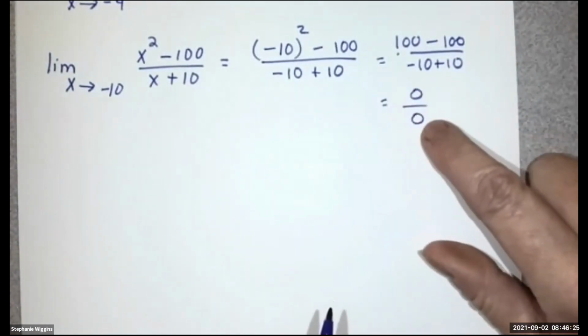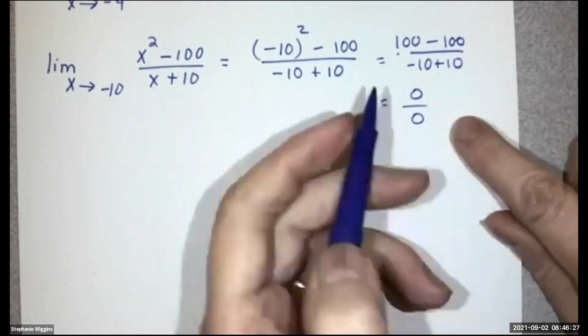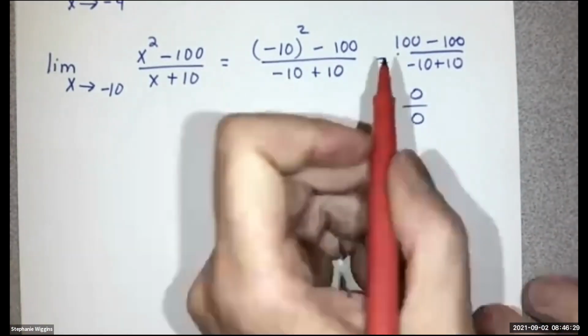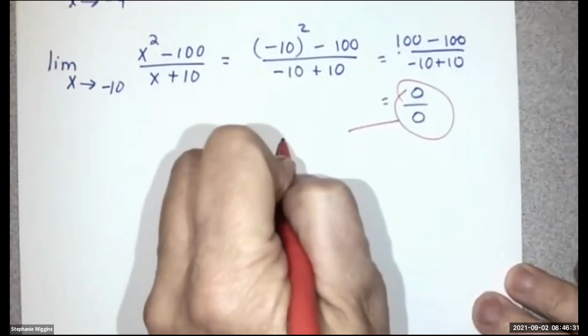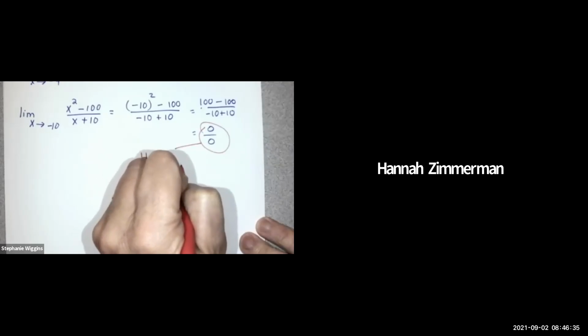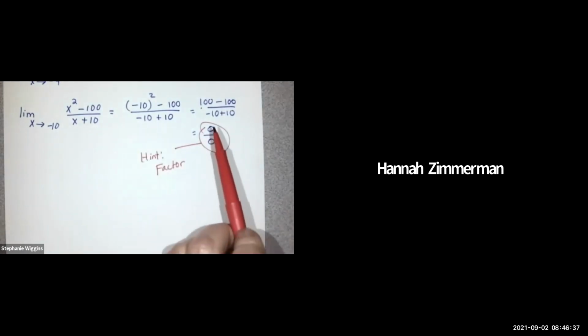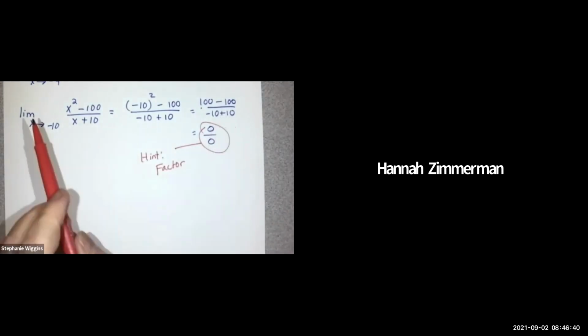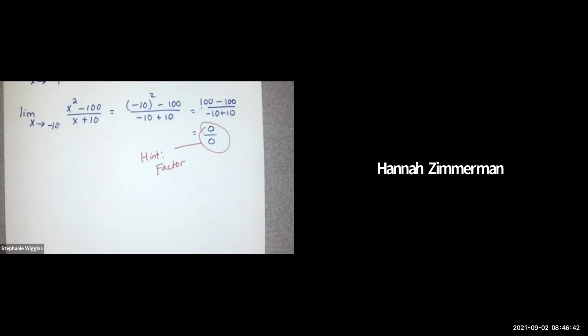Whenever you get 0 over 0, that is your clue. This is important. Whenever you see this, it's your hint to factor. The fact that you get 0 over 0 plugging in the same number means that there is a factor in there. And what is the factor? It's going to be x plus 10. So I factor the numerator.